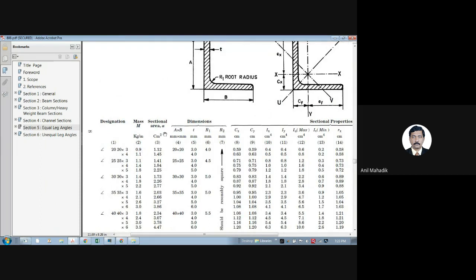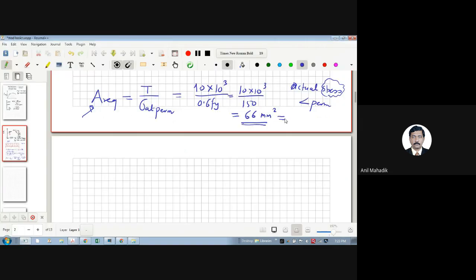The steel table gives the area in cm square, so let's convert that: 0.66 cm square, that is 10 raised to minus 2.